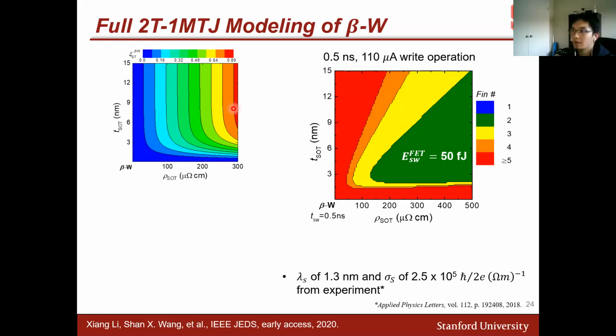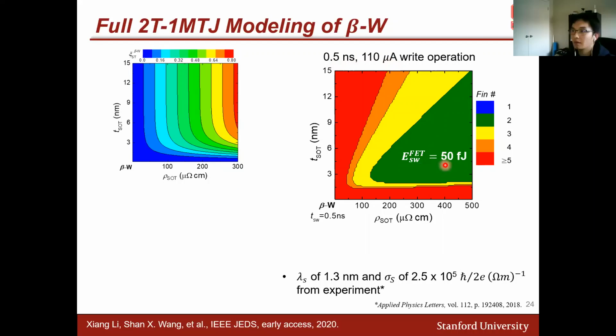But if we can do this two-dimensional modeling, then we can find that actually in this region we can have the smallest fin number, 2 fins, and then you can do this 0.5 nanosecond switching. Okay, the current here is around 110 microampere, and the energy that's consumed in the FinFET is about 50 femtojoule.